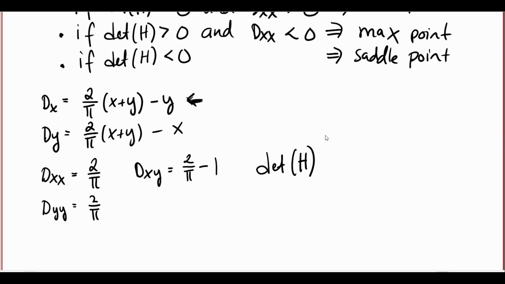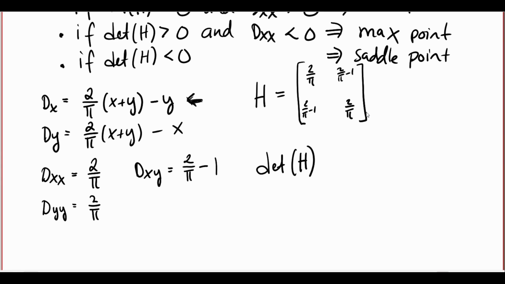The Hessian matrix is dxx, which is 2 over pi, and then we have dyy, which is 2 over pi, and then dxy and dyx are the same, so 2 over pi minus 1 and 2 over pi minus 1.